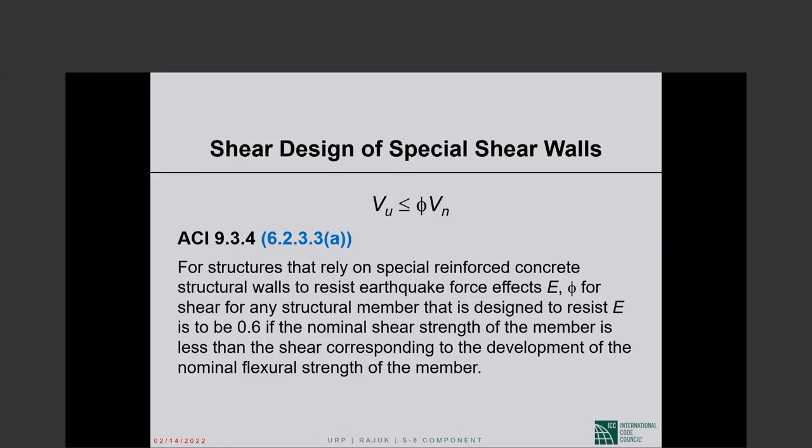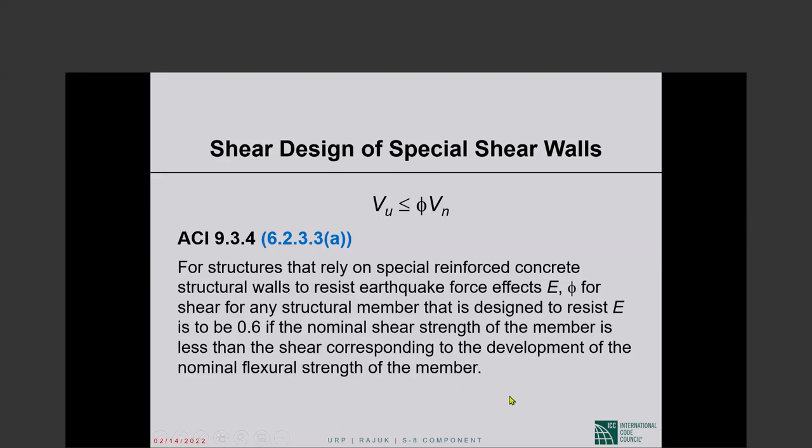Now, I paraphrased. ACI 318 language is if the nominal shear strength is less than the shear corresponding to flexural strength. The problem is that we do not quite know how to calculate the shear corresponding to flexural strength. If we did, we probably would have designed for that. Okay, so the code language is fine.